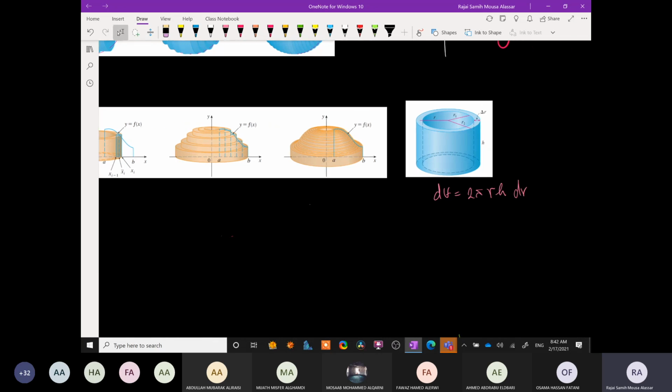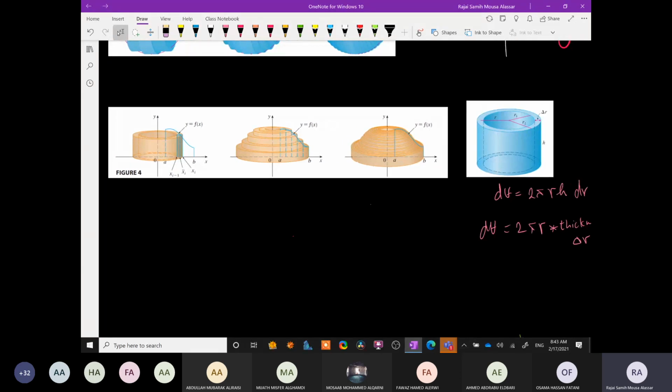In other words, you can think of this as 2 pi the radius, multiplied by the thickness, multiplied by the height. The thickness is delta r, and this is h. Adding them up should do the problem.